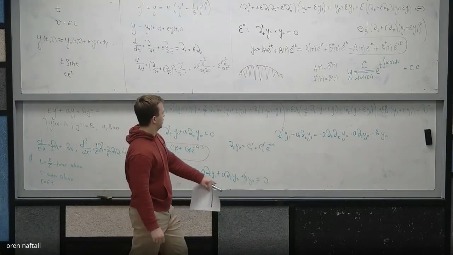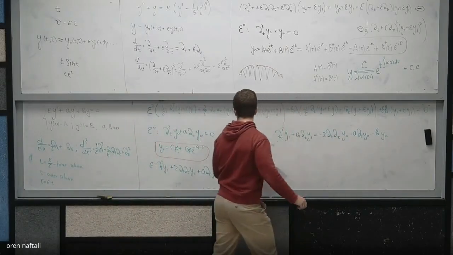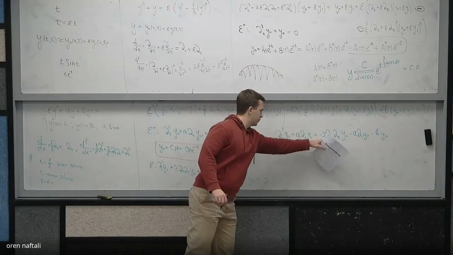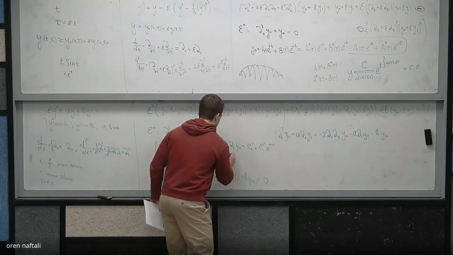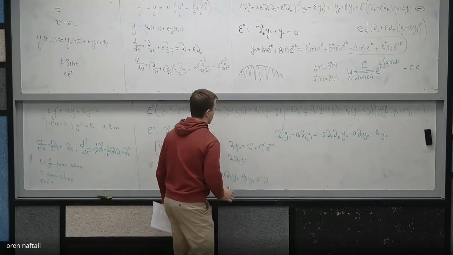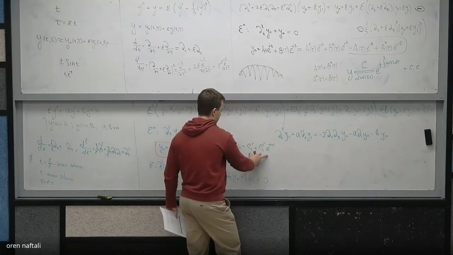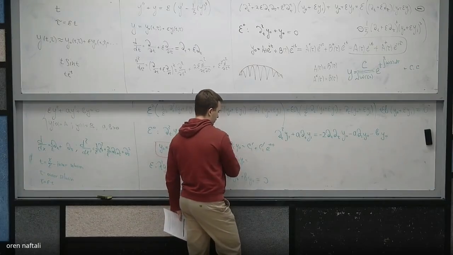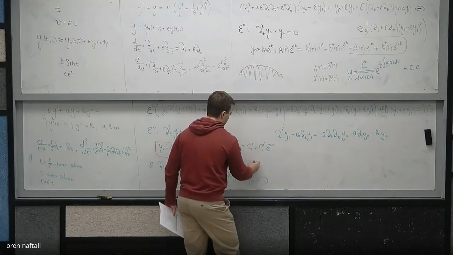Okay, this is this term. Then the cross term, right? d of d tau y naught. So I need to calculate the derivative with respect to t. This term derivative 0. This term minus a C2 prime e to the minus a t.